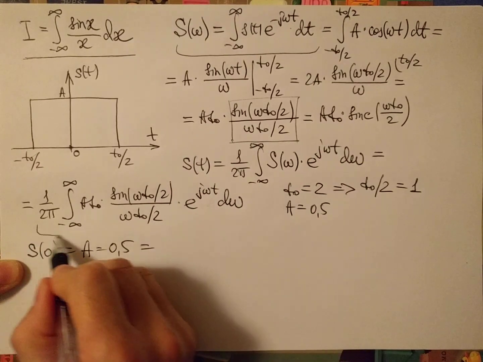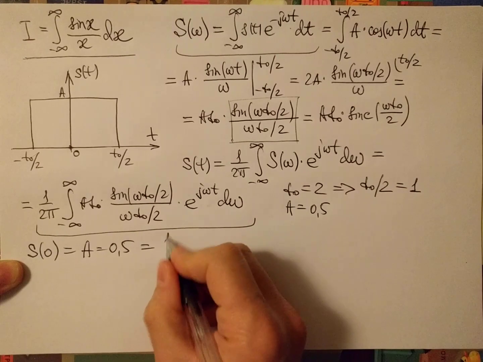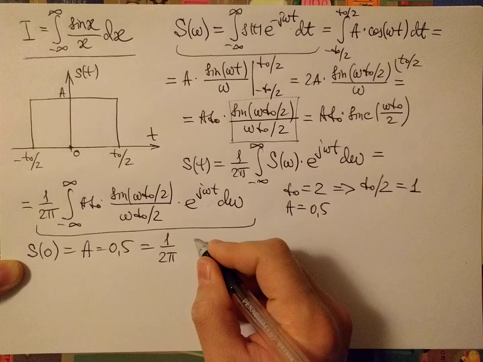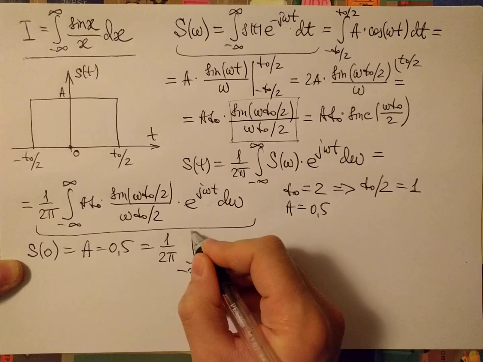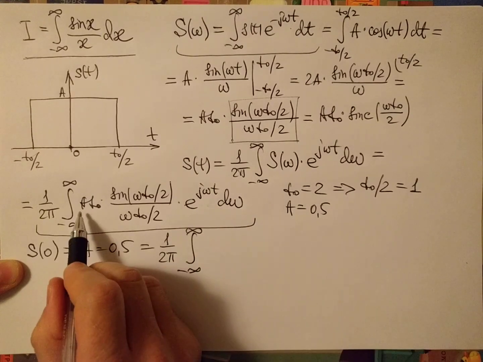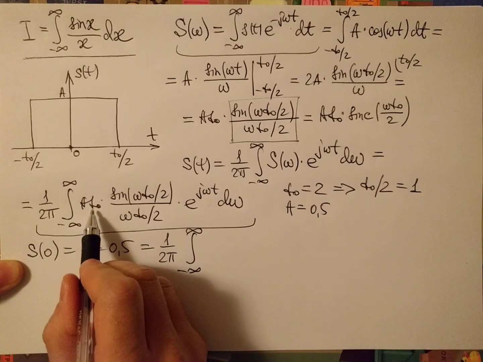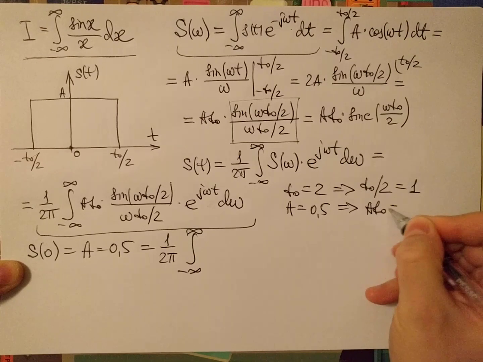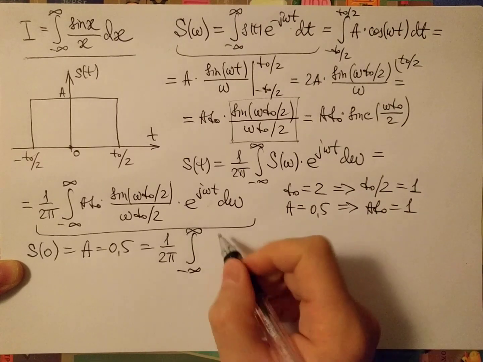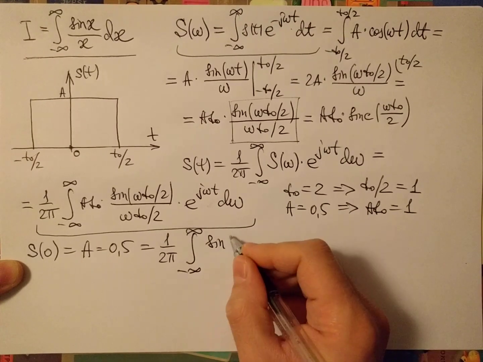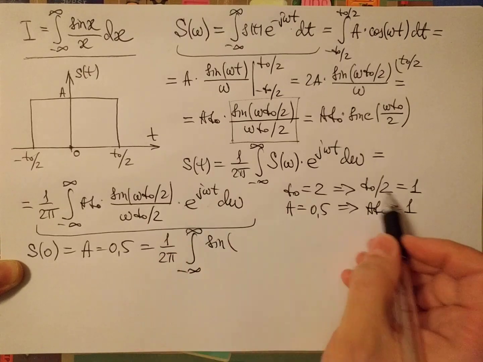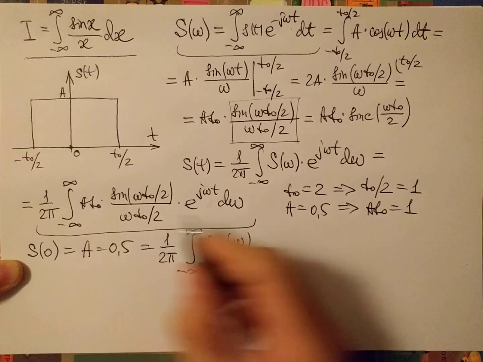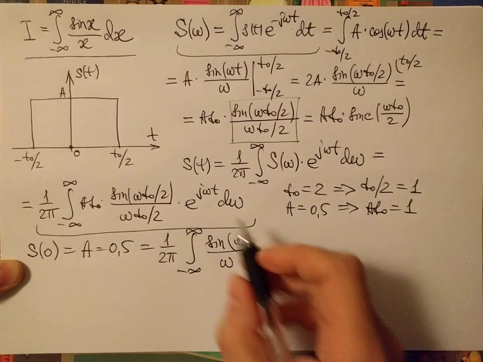On the other hand, using this expression, we will have 1 over 2 pi times the integral from minus to plus infinity of a times t0, which is 1. Then sine of t0 over 2 is also 1. So sine of omega divided by omega.